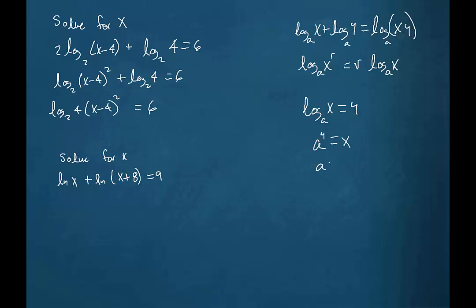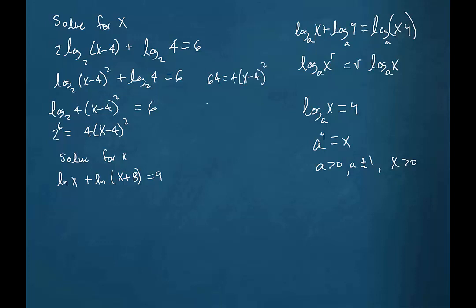As long as a is greater than 0, a is not 1, and x is greater than 0. So we'd have 2 to the 6th is equal to 4 times (x minus 4) squared. 2 to the 6th is 64, so we'll have 64 is equal to 4 times (x minus 4) squared.